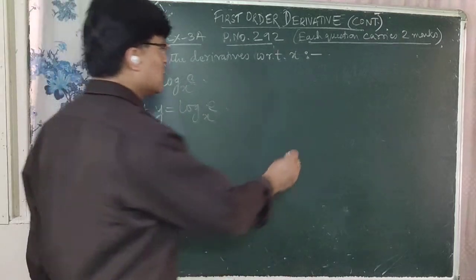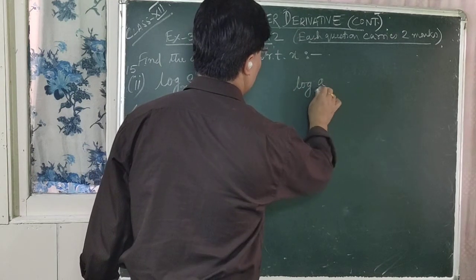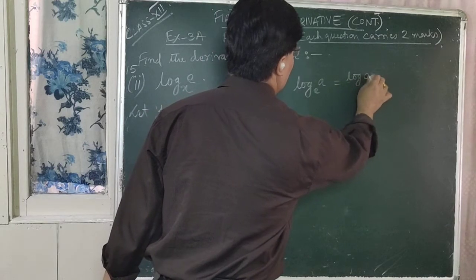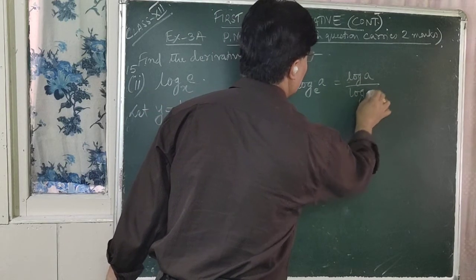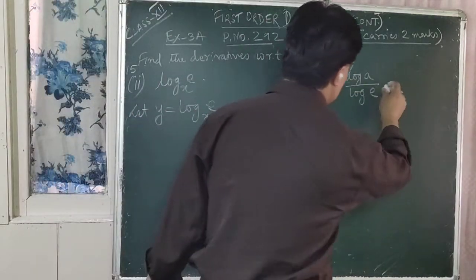Just now I told you, if it is log a base e, you can write log a upon log e, isn't it? Let us take that log a to the denominator.